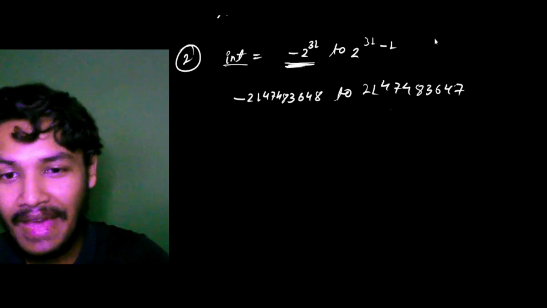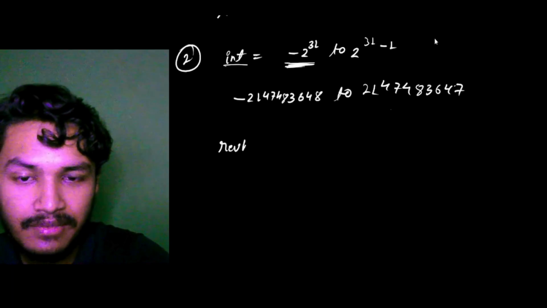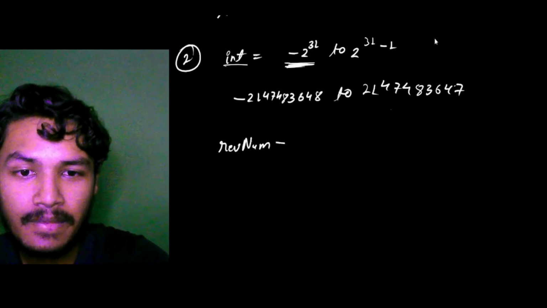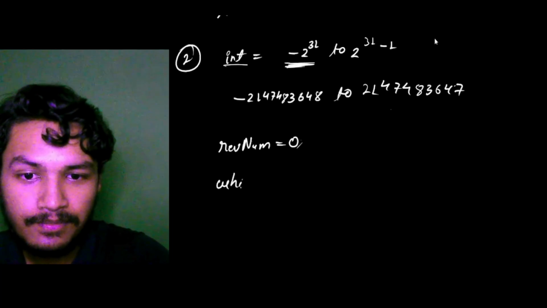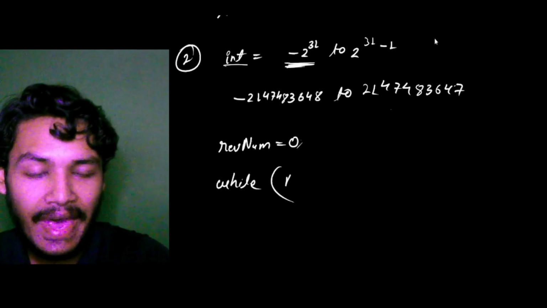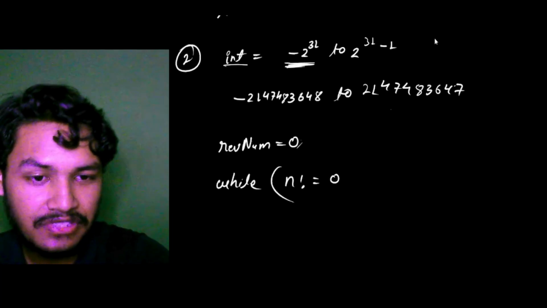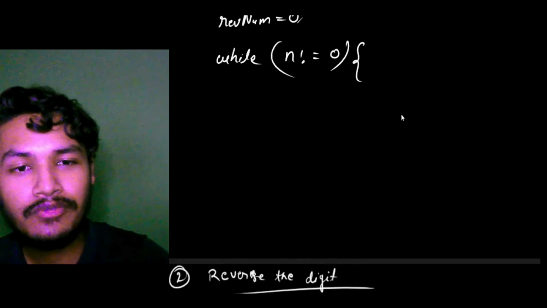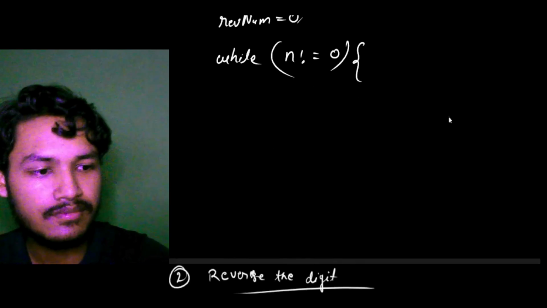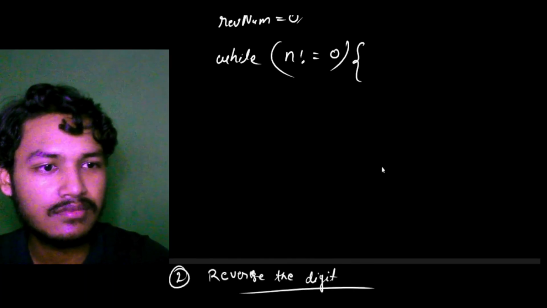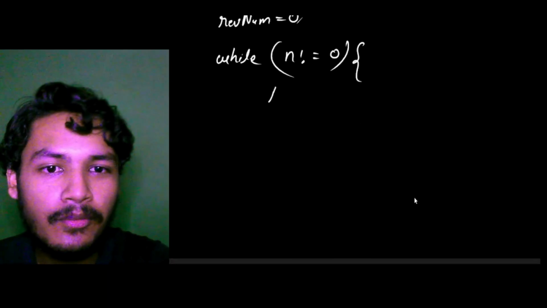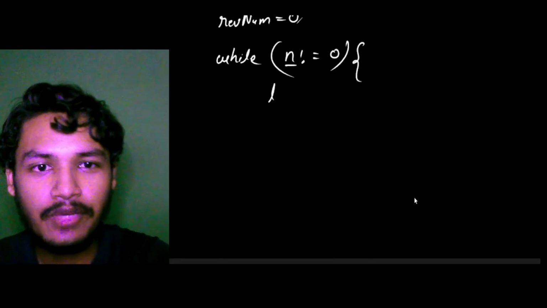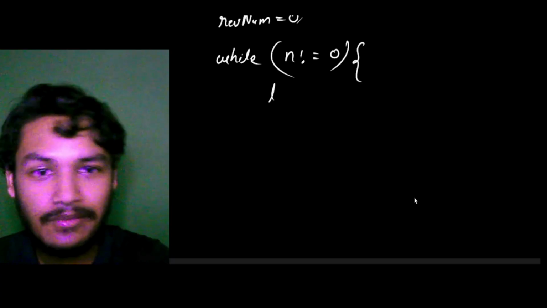Obviously we will have a reverse number initialized with 0, and we will run a while loop till n is not equal to 0. So what we were doing was taking the modulus of this n, and we were getting the last digit.